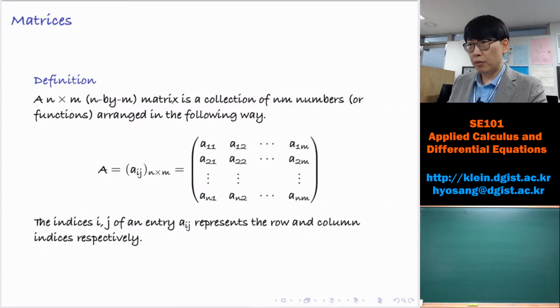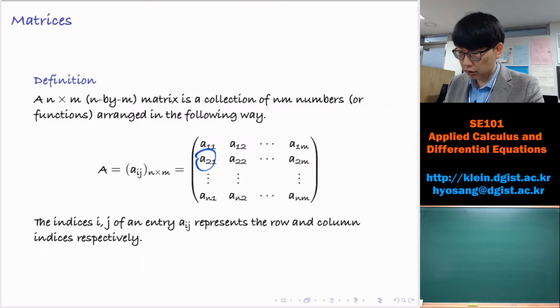So for example, if I say small a sub 2,1, it means the entry in the second row and first column. By specifying the indices of row and column, I can determine a unique entry of the matrix.